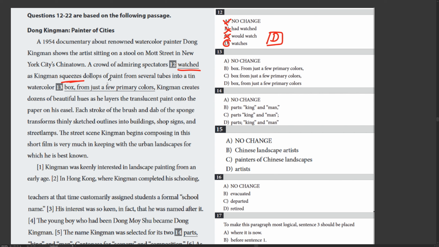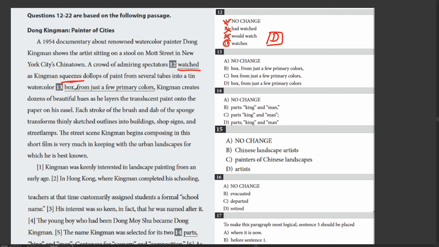So for 13, we're just trying to figure out how to combine or transition into these two sentences. So let's see. Kingman squeezes dollops of paint from several tubes into a tin watercolor box. From just a few primary colors, Kingman creates dozens of beautiful hues. Okay, so right there, I feel like that sentence is too long.